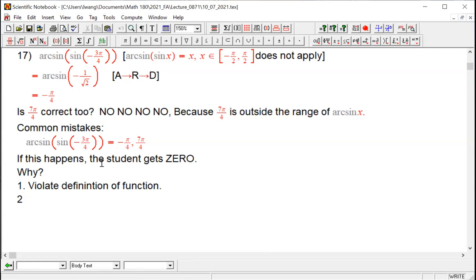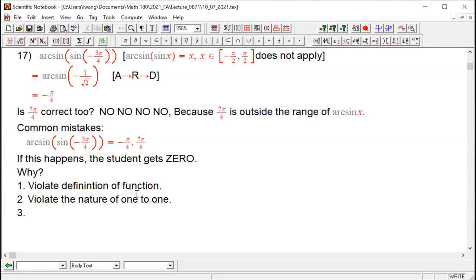Number two, it violates the nature of one-to-one.